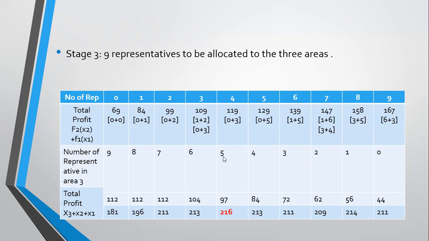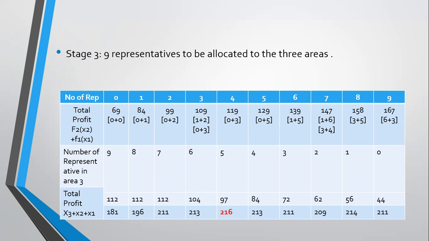So I can take from area 3, 5 medical representatives out of 9. Area 3, 5 can be allotted. Then what happens to areas 1 and 2? The remaining is 4 sales representatives. How will you split these 4 between areas 1 and 2?